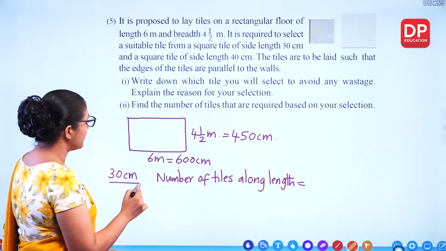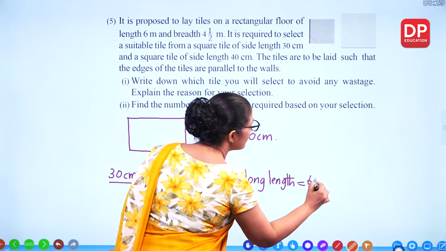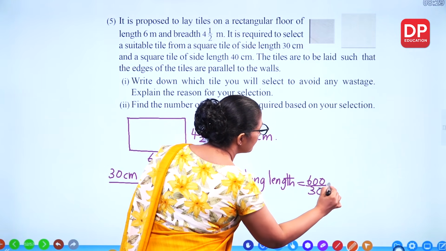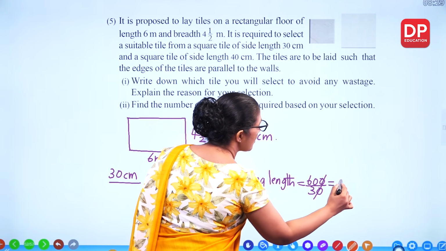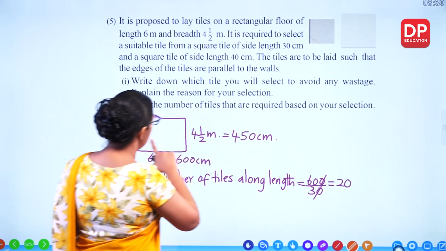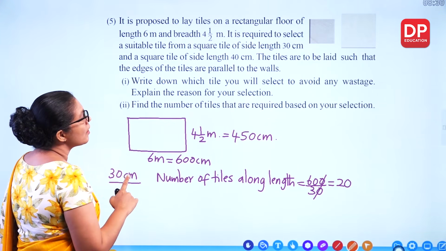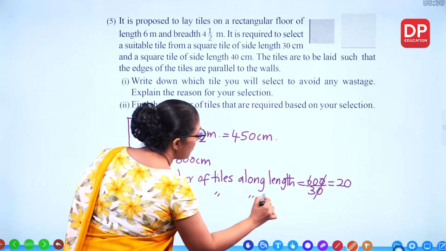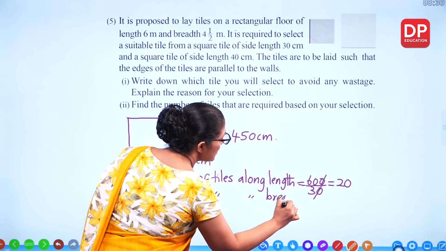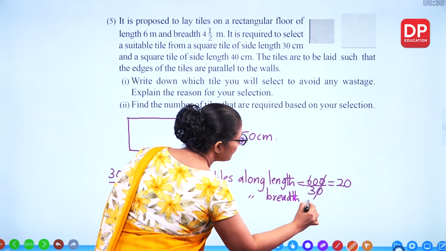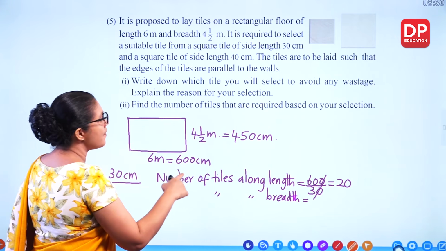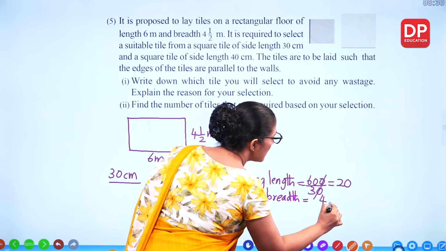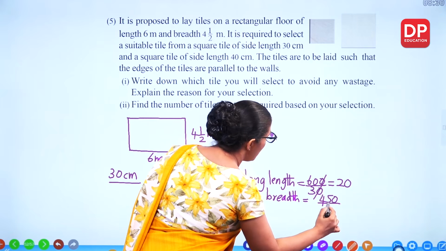So you get 20 tiles you need this way. Along breadth, how many tiles you can fit? 450 over 30.